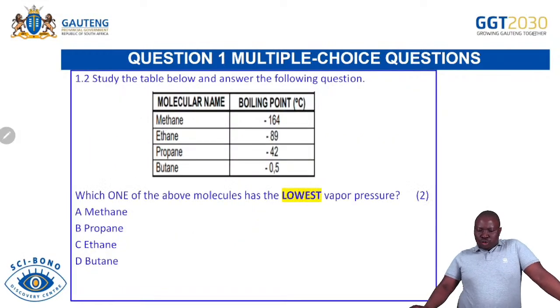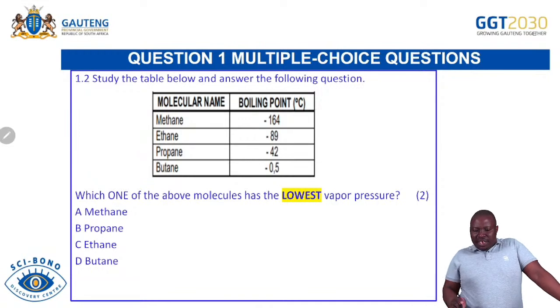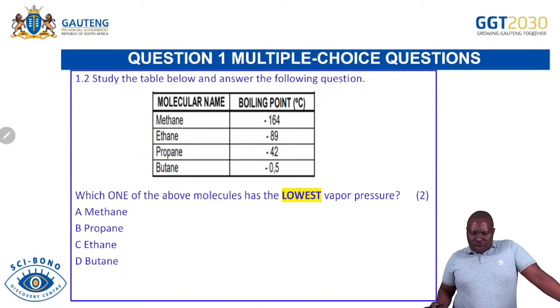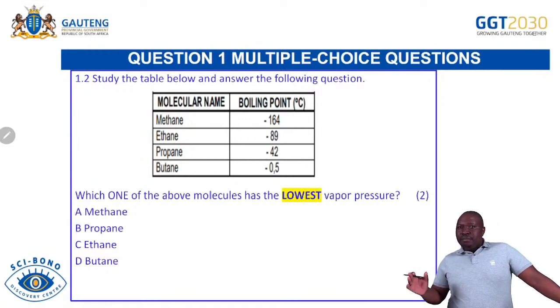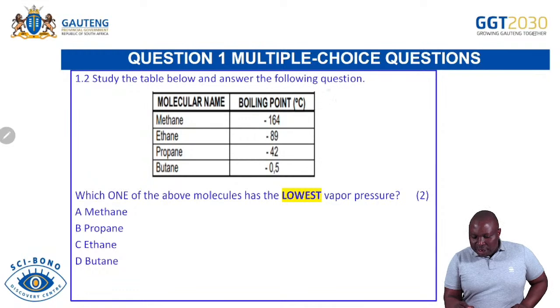Let's look at 1.2. It says, study the table below and answer the following questions. What is important when you are dealing with physical properties is that all the time we will give you the dependent and the independent variable. Your responsibility is to know that our dependent variable is what we are measuring.